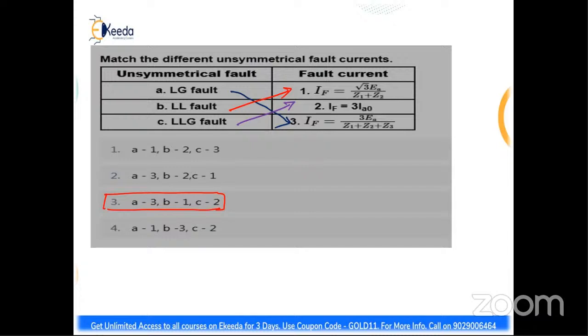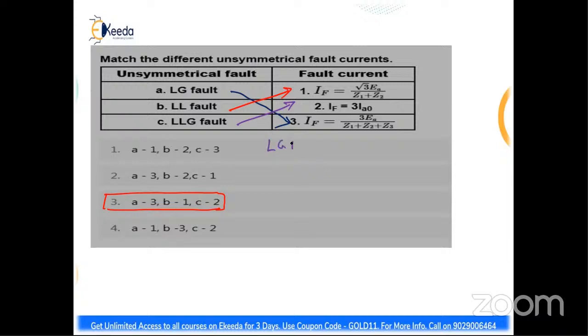So single line to ground fault occurs when one conductor falls to the ground or contacts the neutral conductor. Only then will the ground fault occur. That is LG fault.